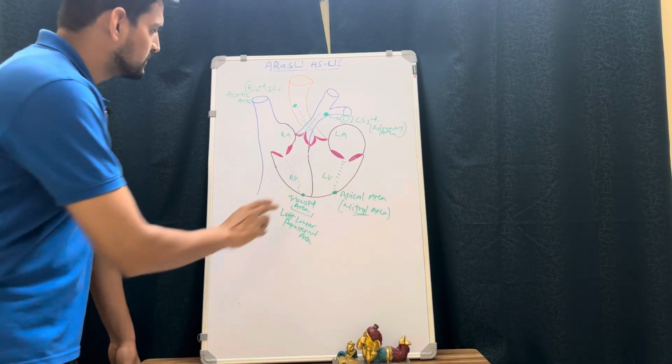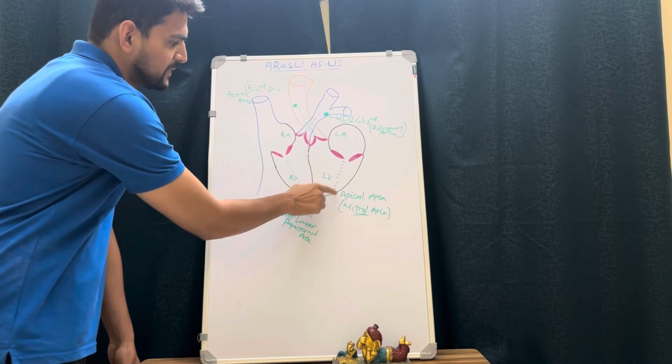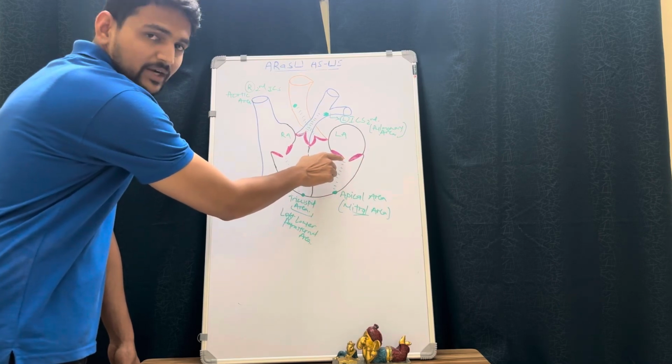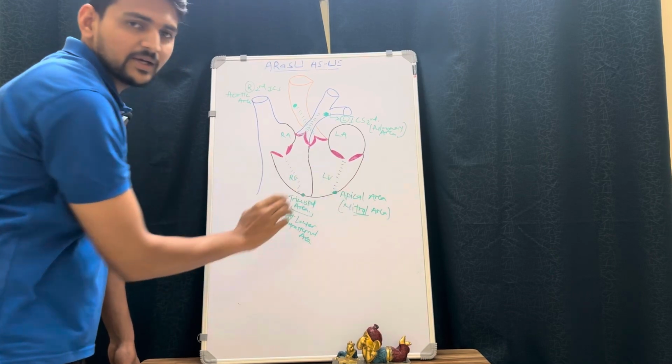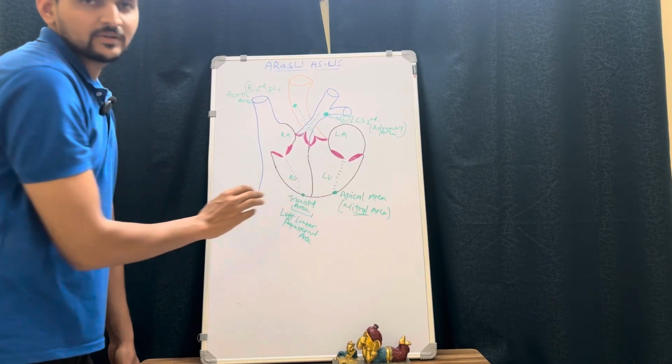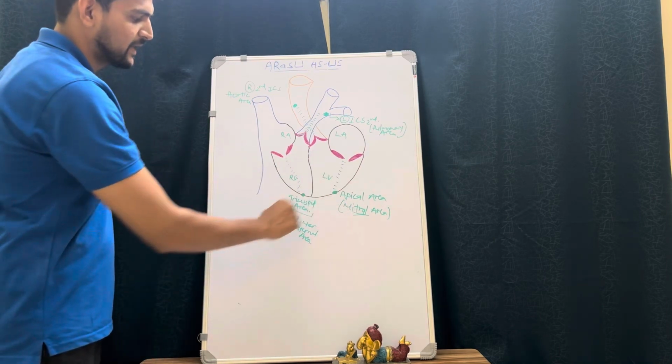Just to summarize, the mitral valve and mitral area. The mitral area is mainly because of the closure of the mitral valve, which will generate the wave, and it will be better heard in the apical area, that is the downward and outermost definite cardiac impulse area. So that is called the mitral area.